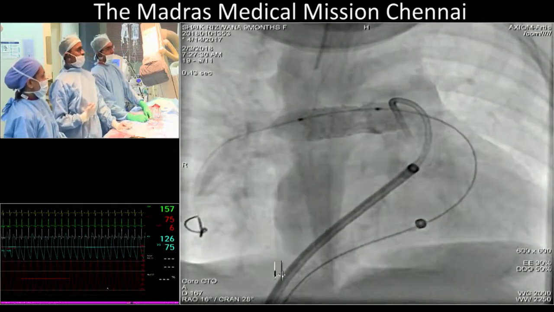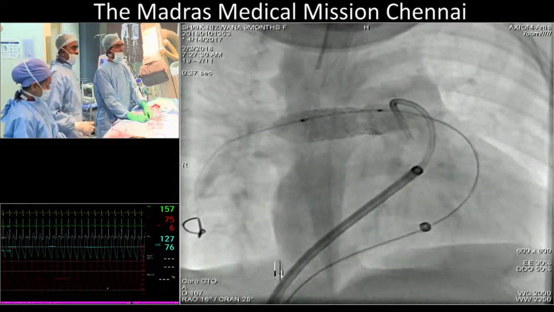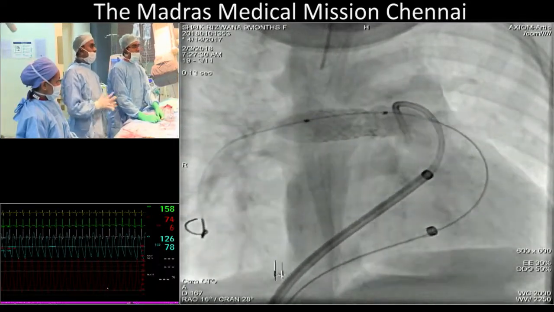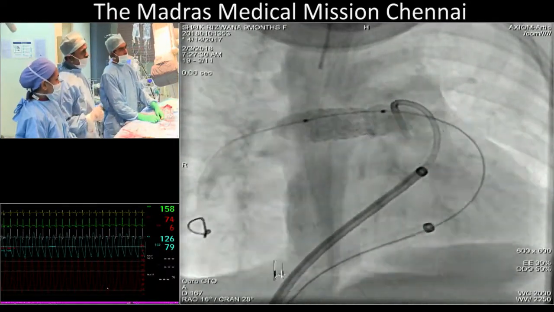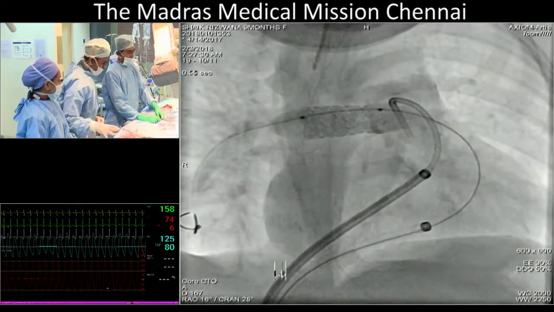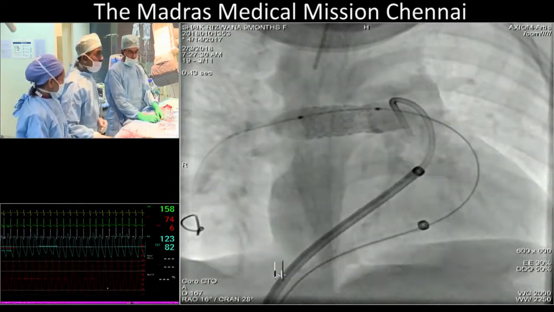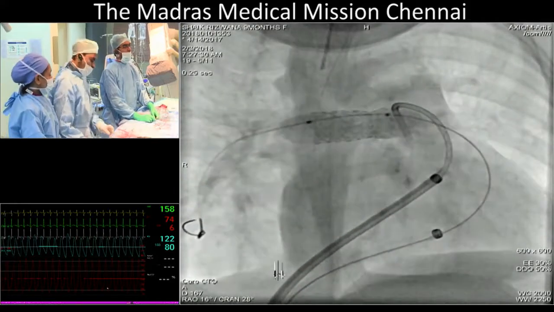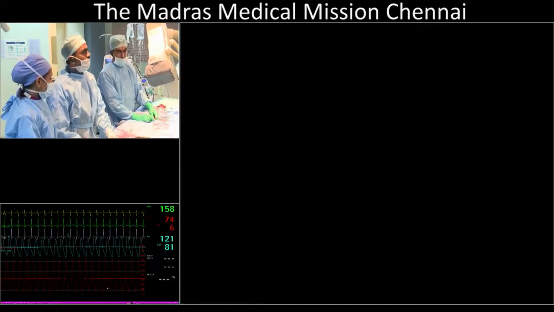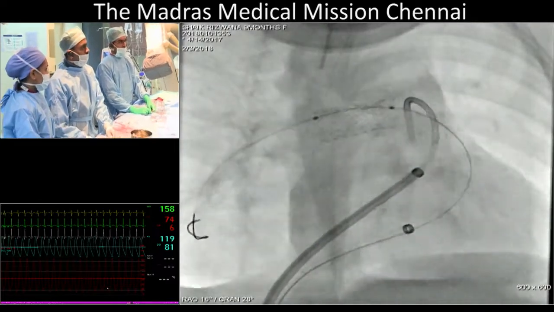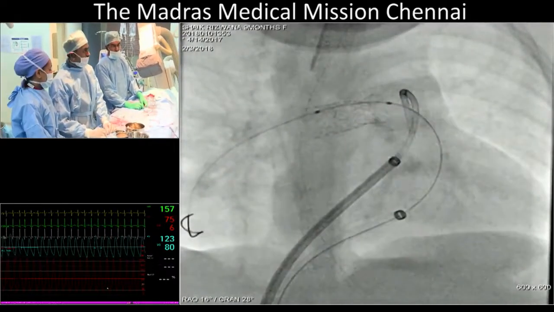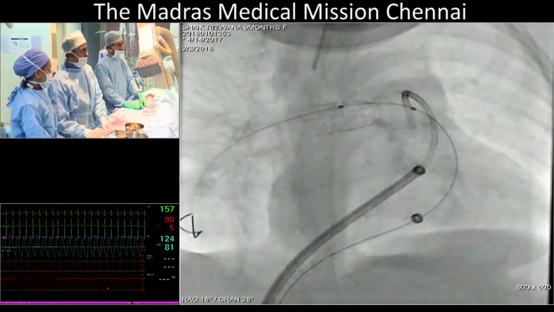So this is the final inflation, and now I'm going to withdraw the balloon out and do a check angiogram. So this is the Formula. Did you say 816? 816. Okay, all right, let's see angio without the balloon. Yeah, I'm taking the balloon out.